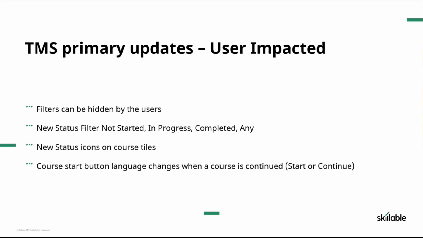Have we been hacked?" Whatever it might be. So we now have a new filters option, so users can hide the filtering. We've got a new status filter for the courses, which has four values: not started, in progress, completed, and any. We've got some new icons, and we also changed the text associated with starting and continuing a course.